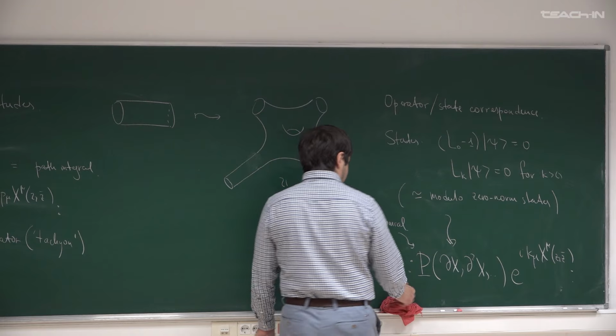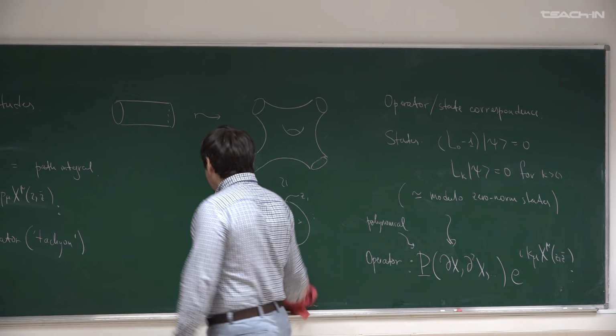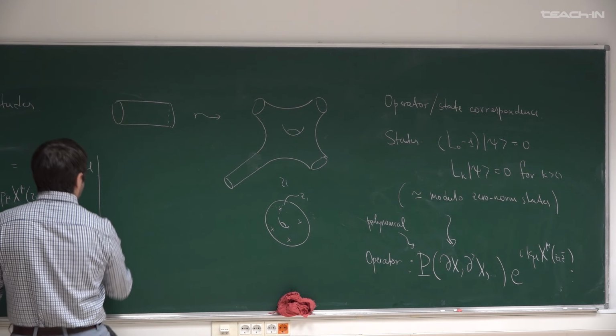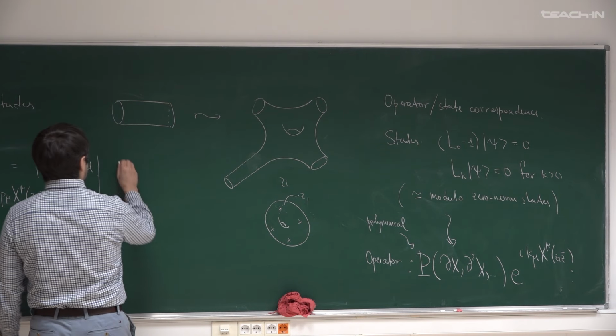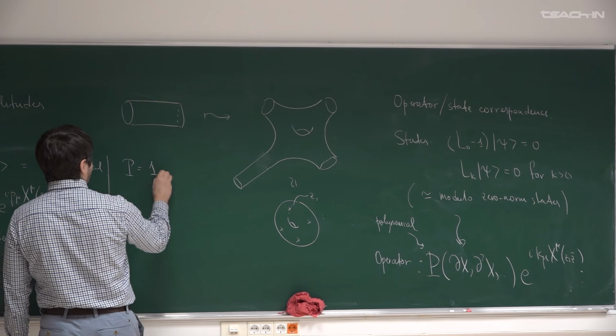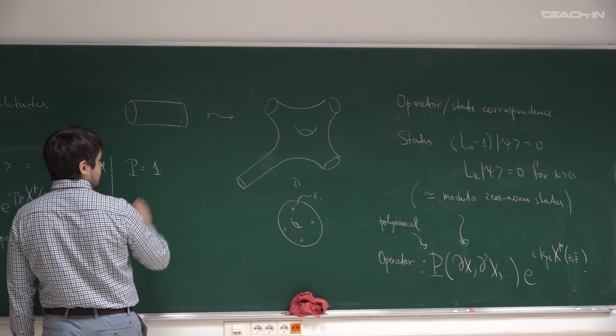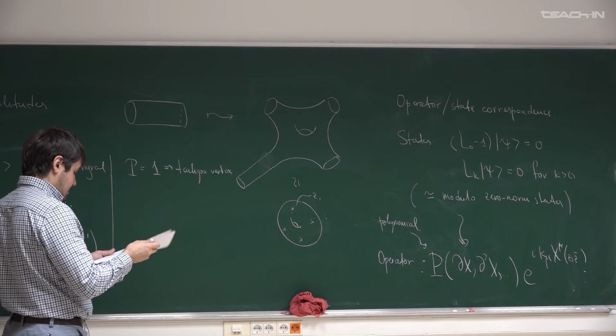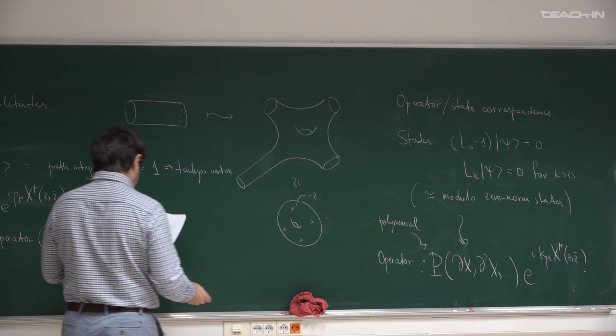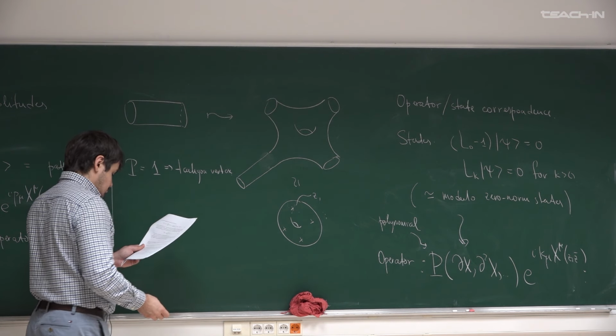Particular examples are precisely the tachyon. If the polynomial P equals 1, this is the tachyon vertex. Then, say, P equals xi_mu dx^mu.